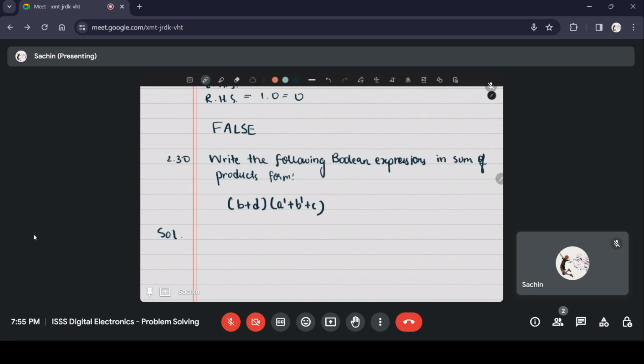To get the sum of products, we simply use the distributive law. So that's the SOP form.